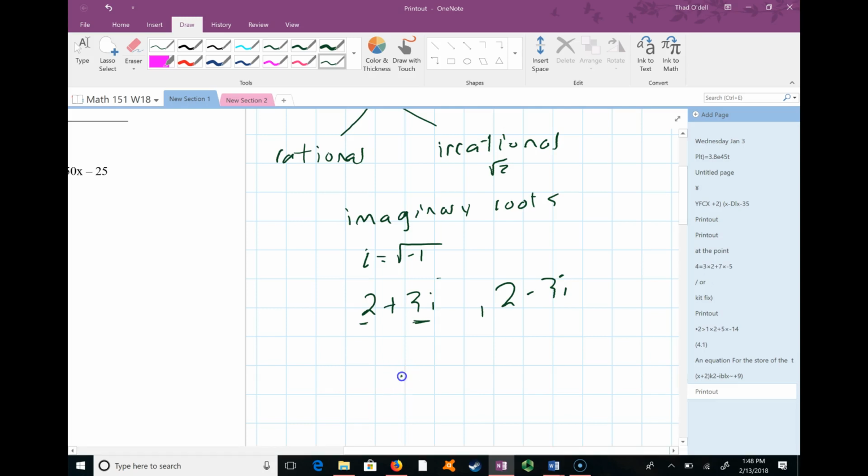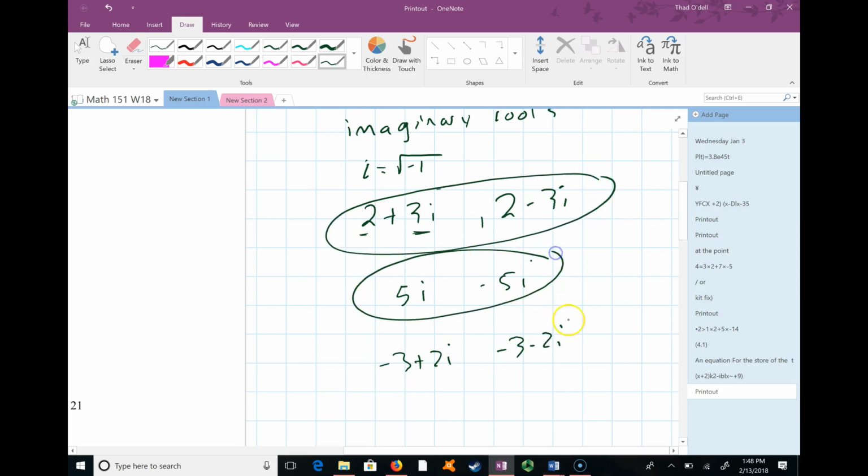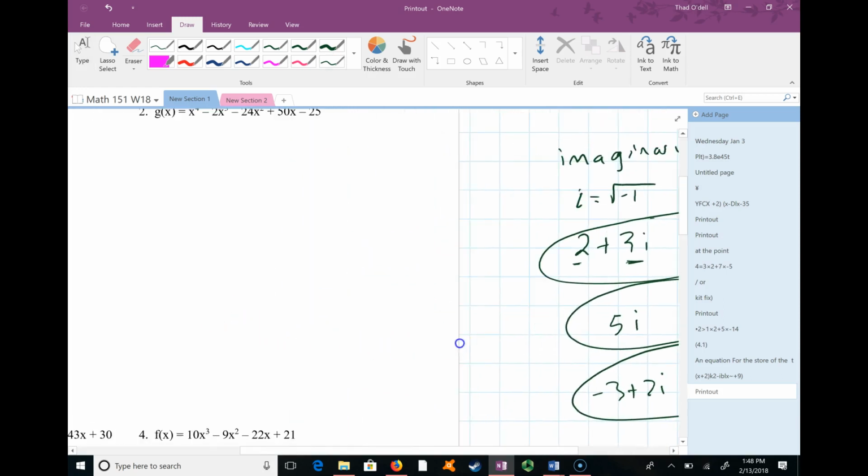Another example would be 5i and negative 5i, or -3 plus 2i and -3 minus 2i. Those are conjugate pairs. And again, if you have an imaginary root, you'll never have just one; they always come in pairs. So you could have 2 imaginary roots, or 4, or 6, etc. You never have an odd number of imaginary roots.